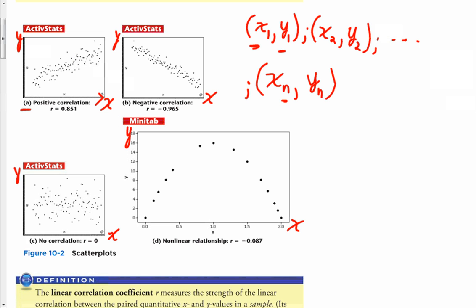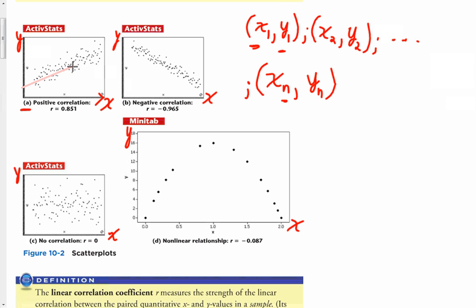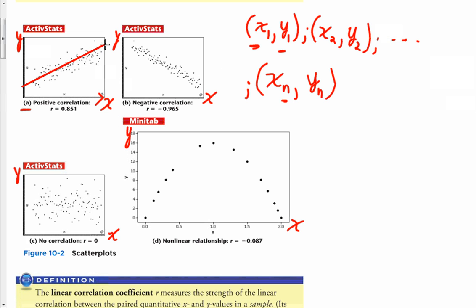As a matter of fact, you could draw a line that could be a prediction line, or some kind of line that would be a model for this data set. And that line would show you that this data set has an increasing slope, which would be a positive correlation, because as x increases, so does y.